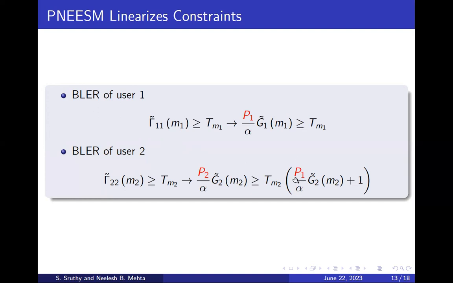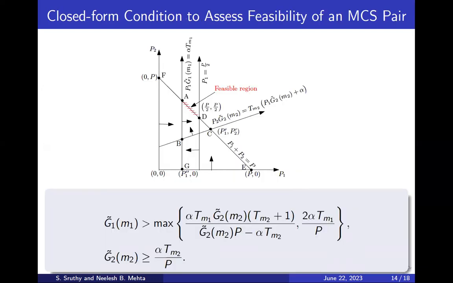Now we use these linear constraints in the problem statement and we solve the problem numerically. So we can easily draw the feasible region like this by using P and EESM on the block error rate constraints.